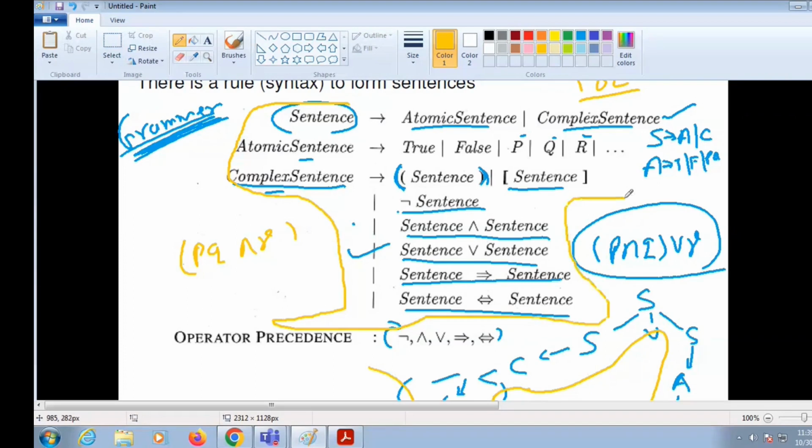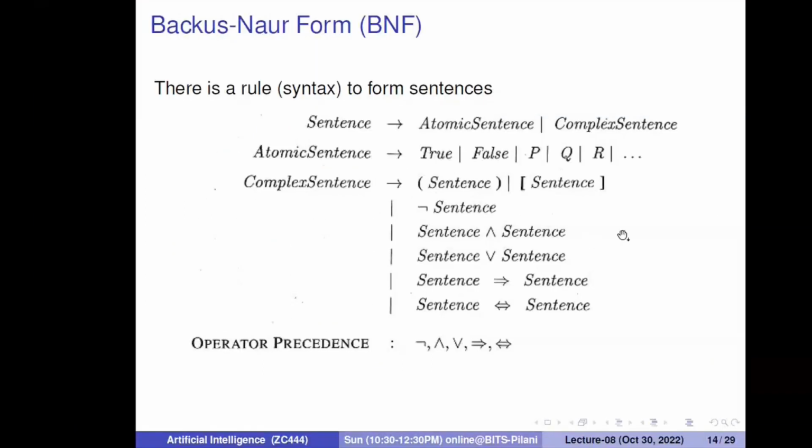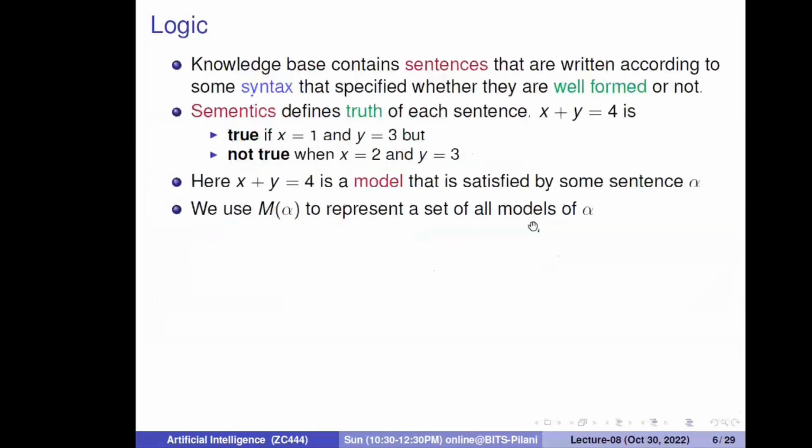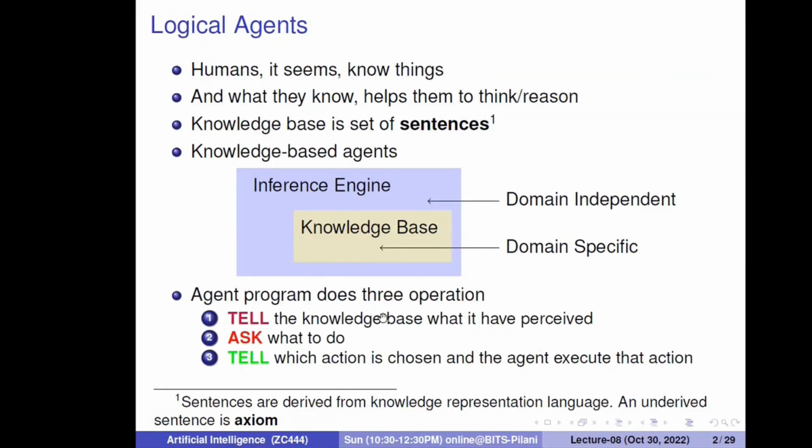Okay, so for every knowledge representation, in the very beginning we were talking about this, that when we want to say something, we have to write sentences. But the sentences come from where? Grammar. They are derived from the knowledge representation language or grammar.